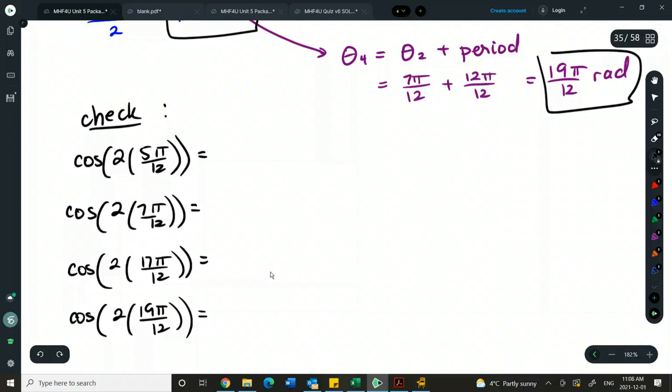So if I plug negative root 3 over 2 into my calculator here, it is like negative 0.866. So that's what I would expect to get out for all of these if I put them into cosine. Okay?